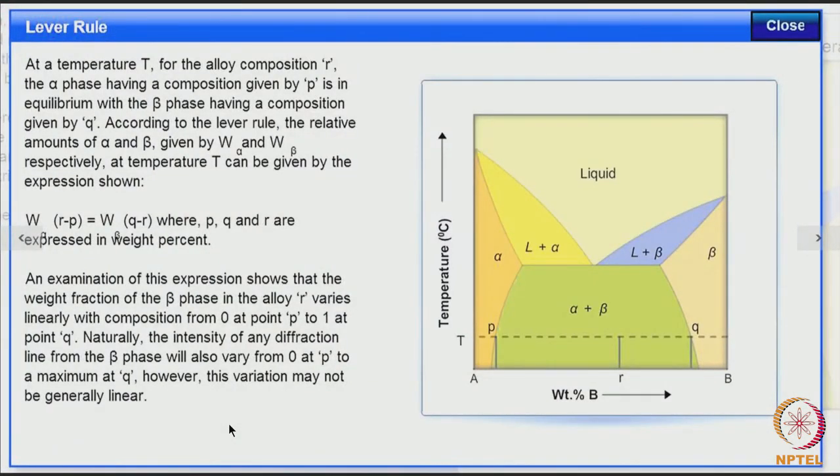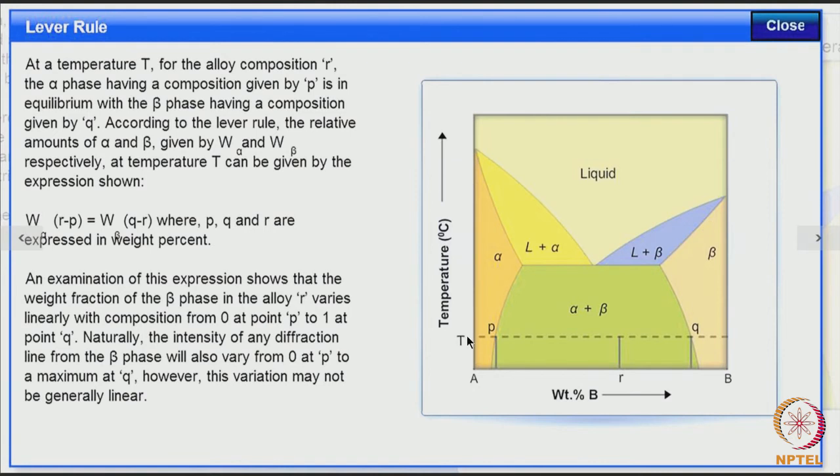Now, we will deal with what is known as the lever rule. Say for example, when we deal with this two-phase region here, we have both the phases alpha and beta present.